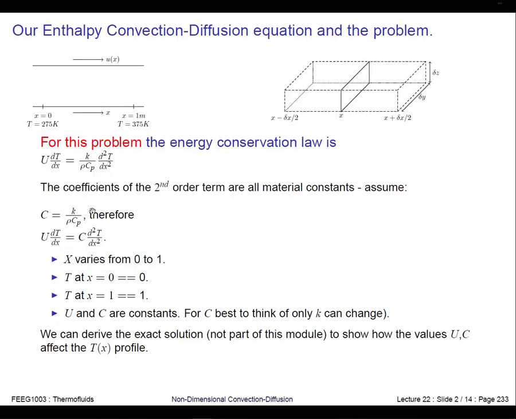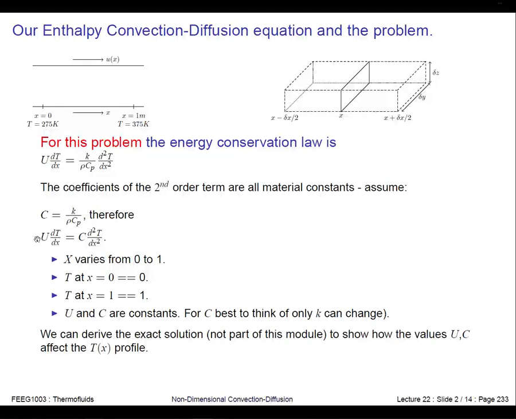Okay, and just to make this problem super simple, we are interested in the temperature profile between x equals 0 and x equals 1, and rather than use T equals 275, I'm going to say x equals 0, T equals 0. So T equals 0 is cold, and T equals 1, which is at x equals 1, I'm going to say that's hot. Okay, so temperature goes between 0 and 1, which is cold to hot.